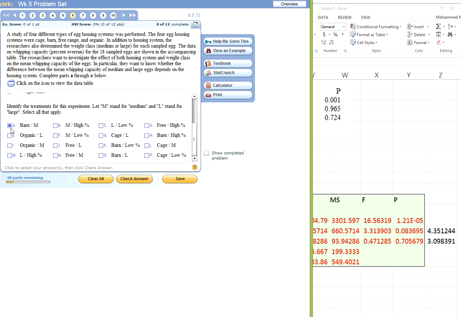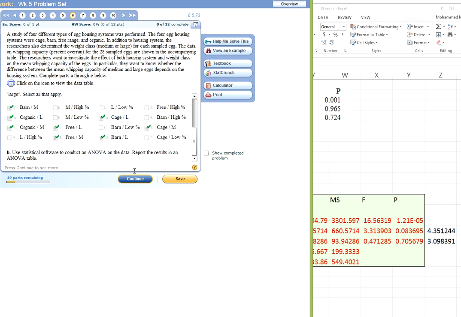Of course, medium and large, medium and large, medium and large, and large and medium. So these are the treatments. I hope I covered all of those. 1, 2, 3, 4, 5. Am I missing something? M, L, M, L, M, L, L, M. No, I'm done. Check the answer. Yes, here it is.